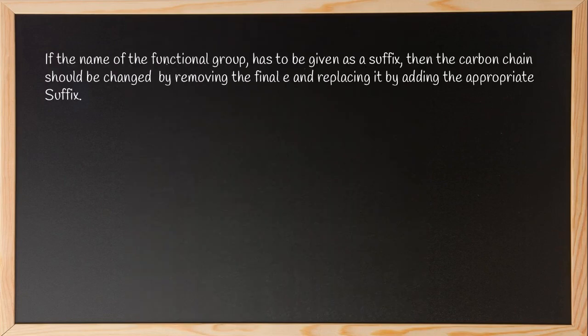If the name of the functional group has to be given as a suffix, then the carbon chain name should be changed by removing the final E and adding the appropriate suffix. Let's understand it in detail by taking an example.